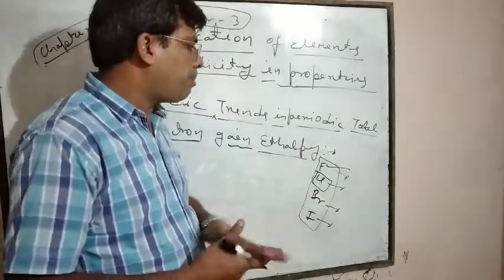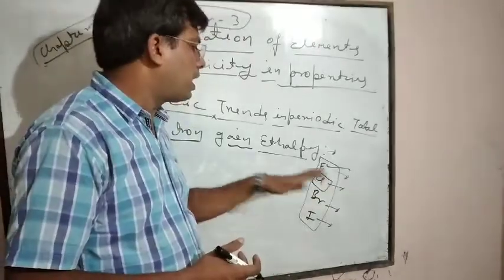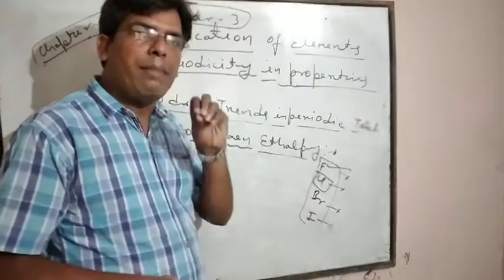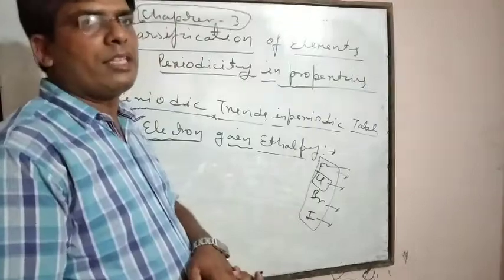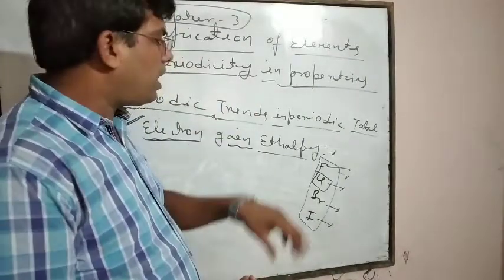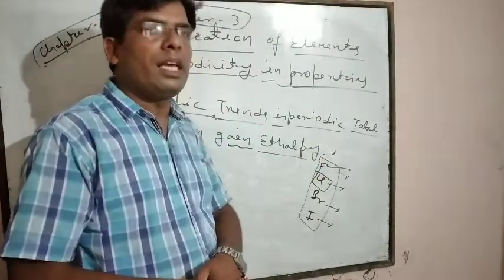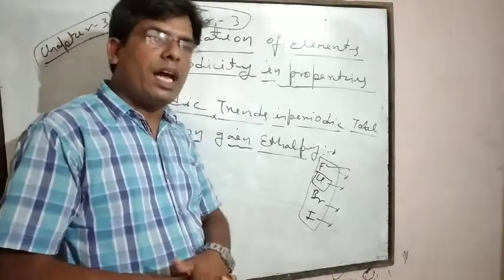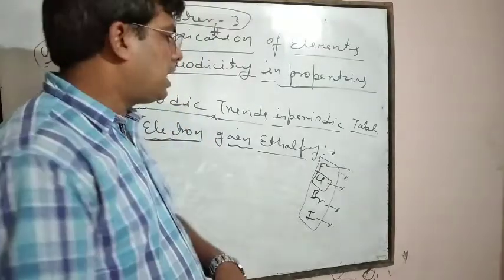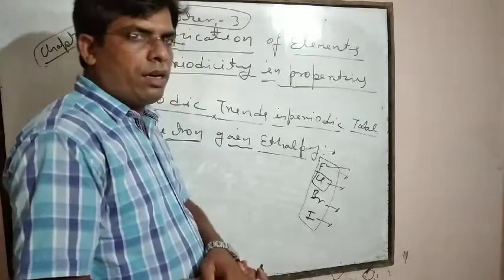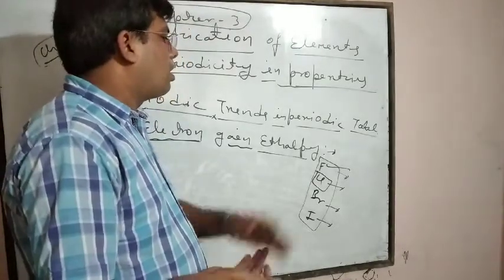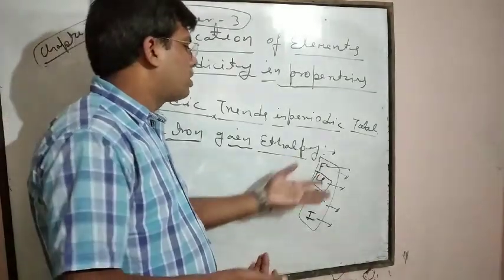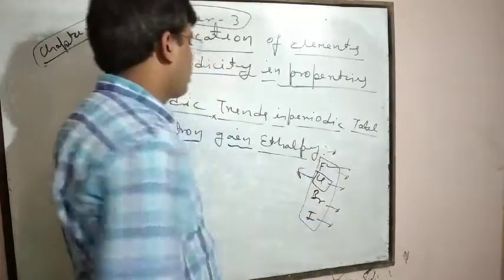Hence, fluorine has a less negative value of electron gain enthalpy than chlorine. Fluorine has an extremely small size, so the outer electrons prevent the entry of any new electron.